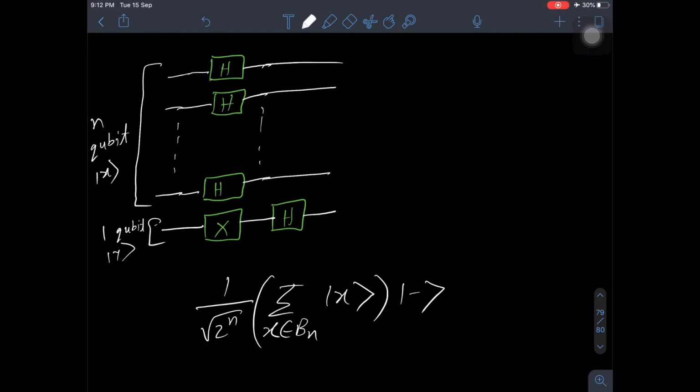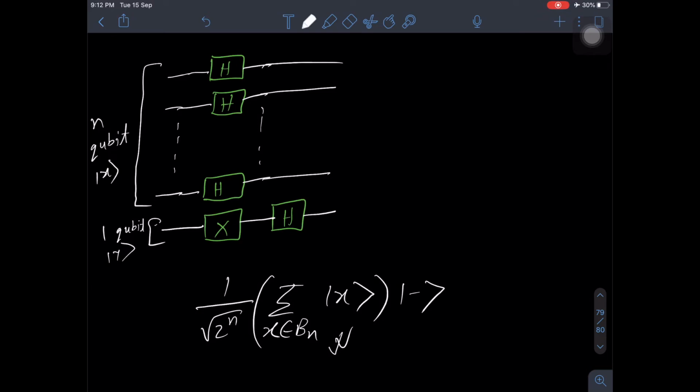This is your input register, but now you have all the elements necessary to check the oracles. That means you have all the elements of Bn in a superposition state by just applying Hadamard gates. You can already see that for the input register you applied n Hadamard gates, and for the output register you applied one Hadamard gate and an X gate.